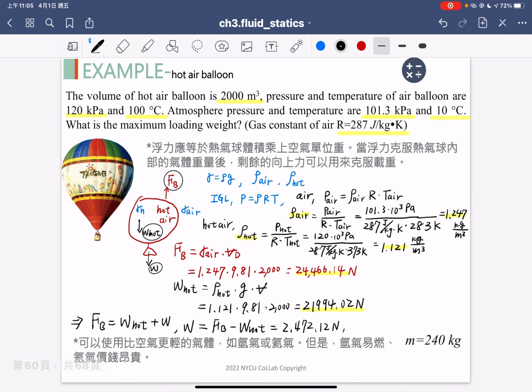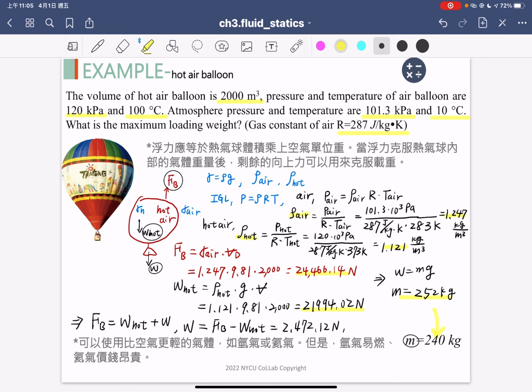So how large a mass can we support? We know that W is the mass multiplied by g, so M equals W divided by g. It's equal to around 252 kilograms. It is a little bit different compared to the number shown here, but it depends on the different density we use.